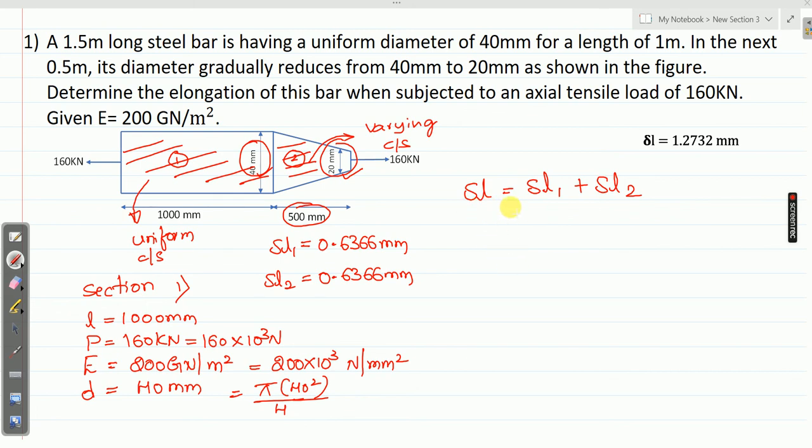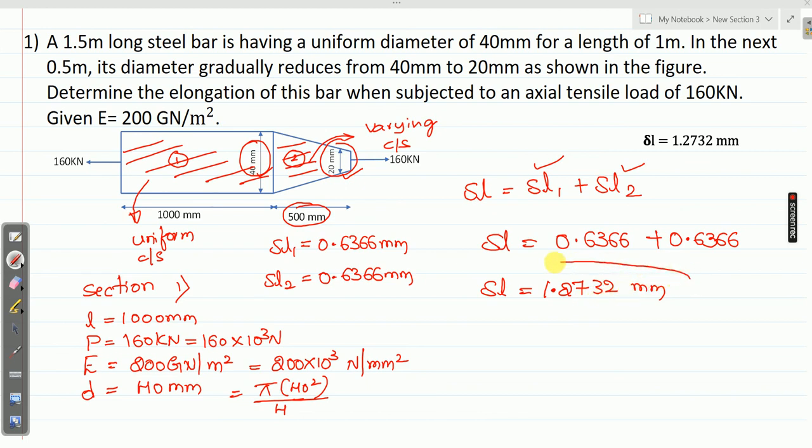Delta L equals delta L1 plus delta L2, so delta L equals 0.6366 plus 0.6366. The final or total elongation will be 1.2732 millimeters.